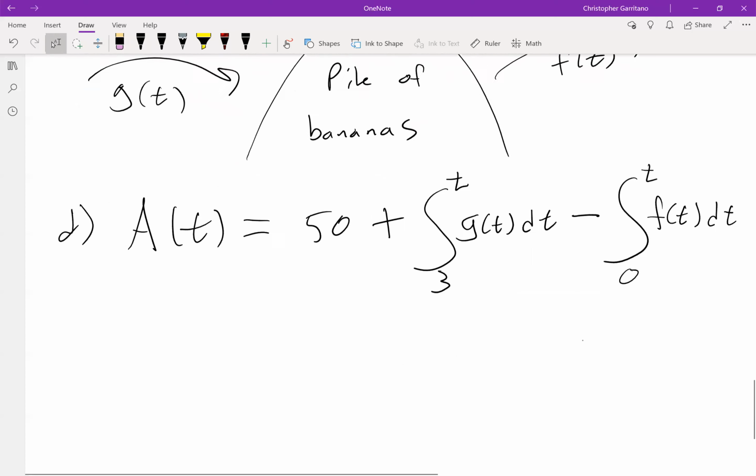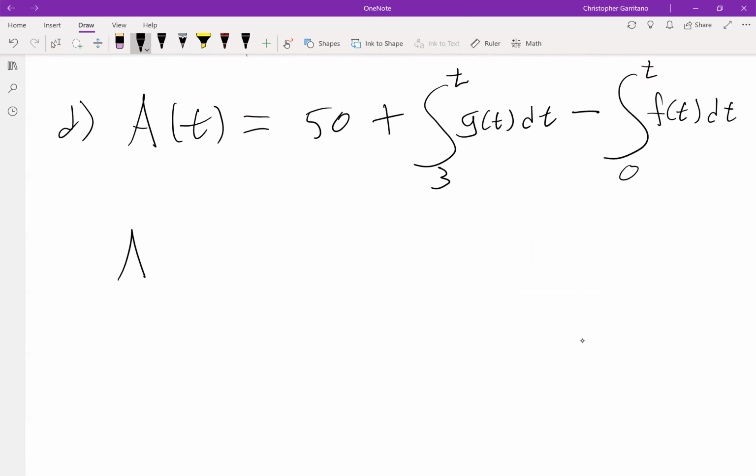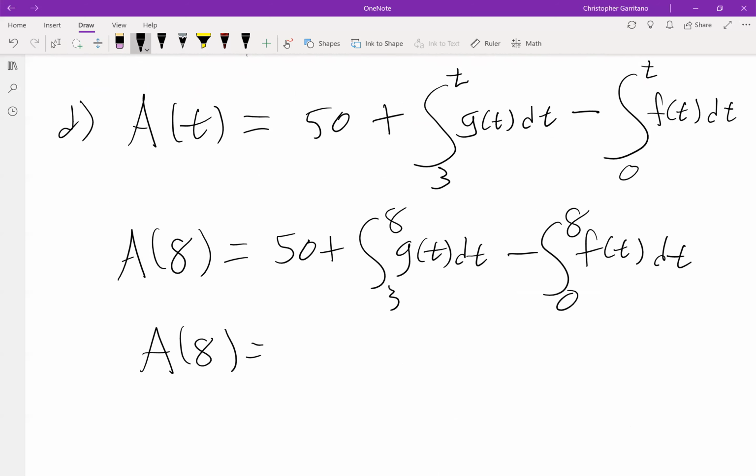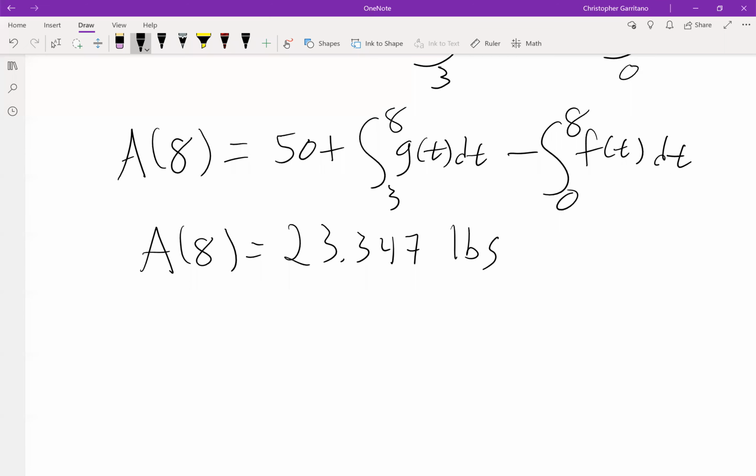And we are interested specifically in A of 8. So we're going to do 50 plus the integral from 3 to 8 of g of t dt minus the integral from 0 to 8 of f of t dt. Once again, this is a calculator problem, so just give me a moment. Okay, and after using the calculator to evaluate this expression, you get 23.347 pounds.